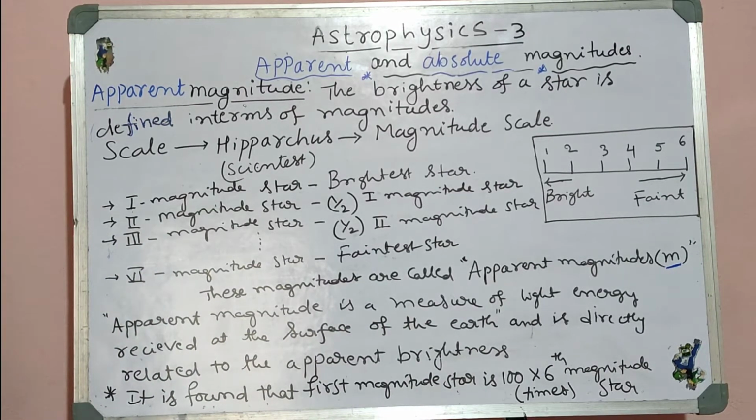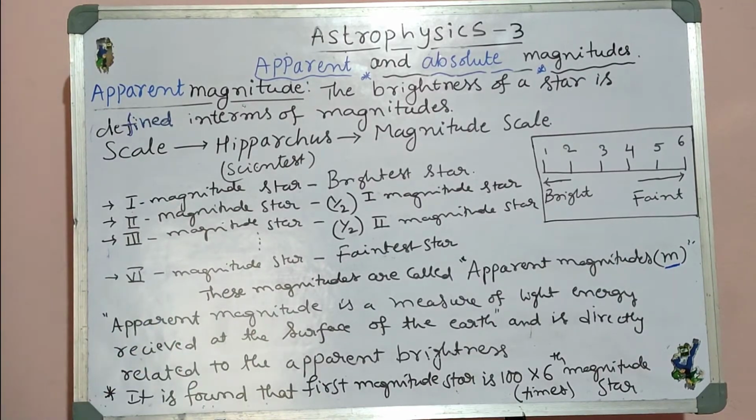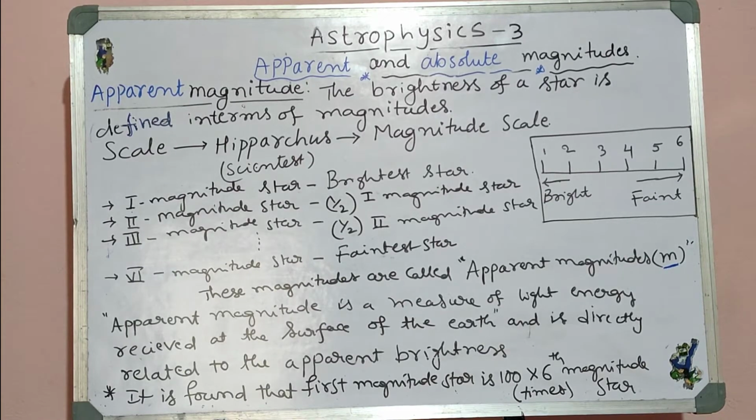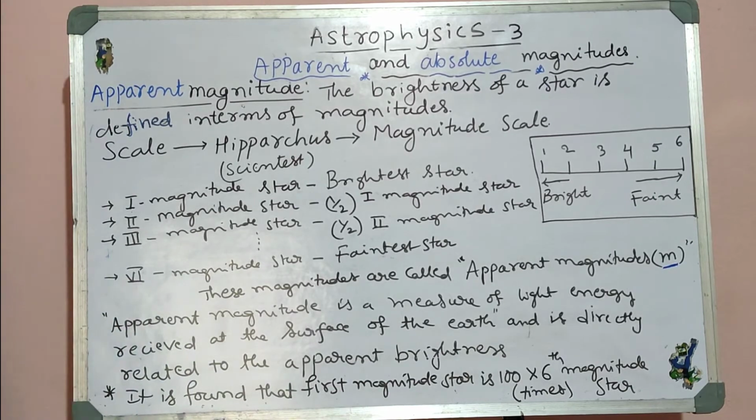How much light energy is received from a star or any celestial object is called the apparent magnitude. Apparent magnitude is a measure of light energy received at the surface of the earth and is directly related to the apparent brightness of a celestial object or a star.